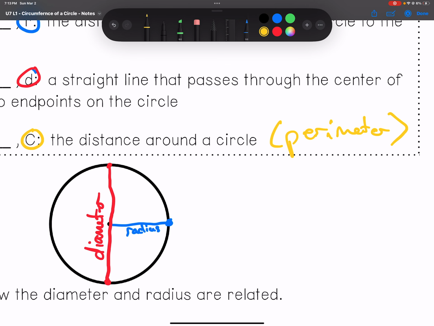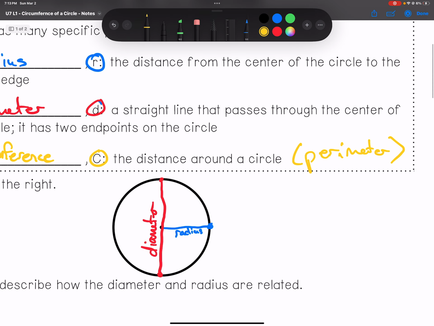P-E-R-I-M-E-T-E-R. It's basically the perimeter, okay? Except because it's a circle, we don't call it the perimeter, we call it the circumference. So that is the circumference.